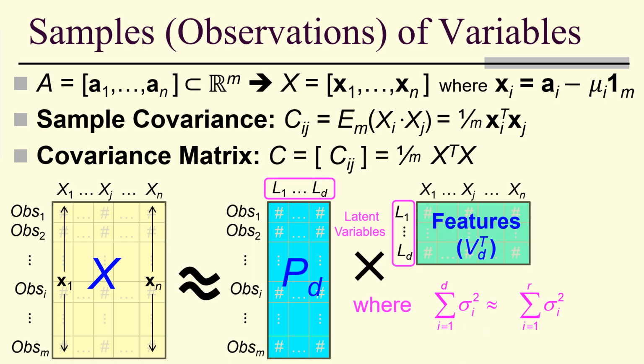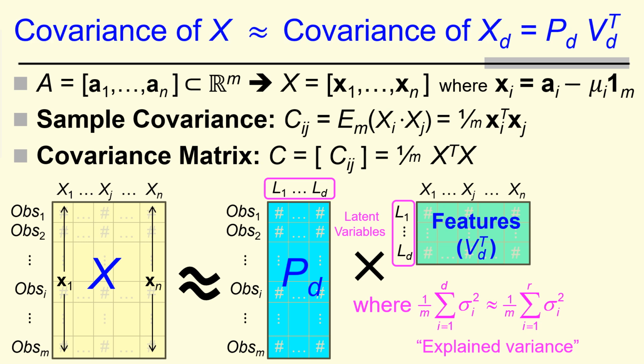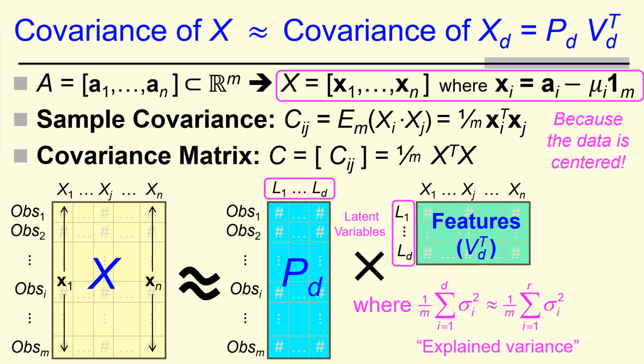And so we have our low rank approximation, our principal components analysis, where we have maintained that the sum of these squared singular values up to d is approximately the same as that up to r. And if we divide both sides by m, then we're actually looking at what's called explained variance. And as long as the explained variance is approximately the same for both, then the covariance of X is approximately the covariance of X_d, which is P_d V_d transpose, because the data is centered.